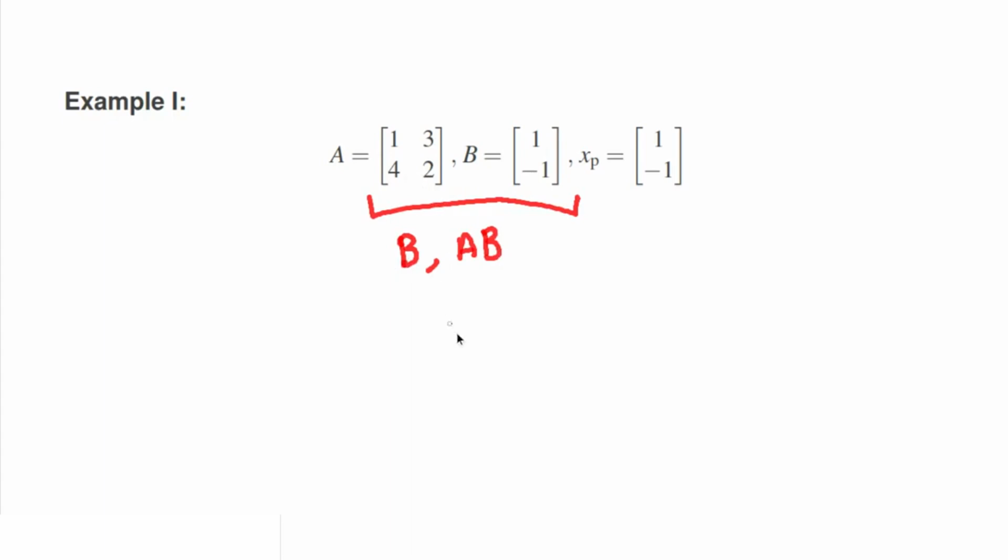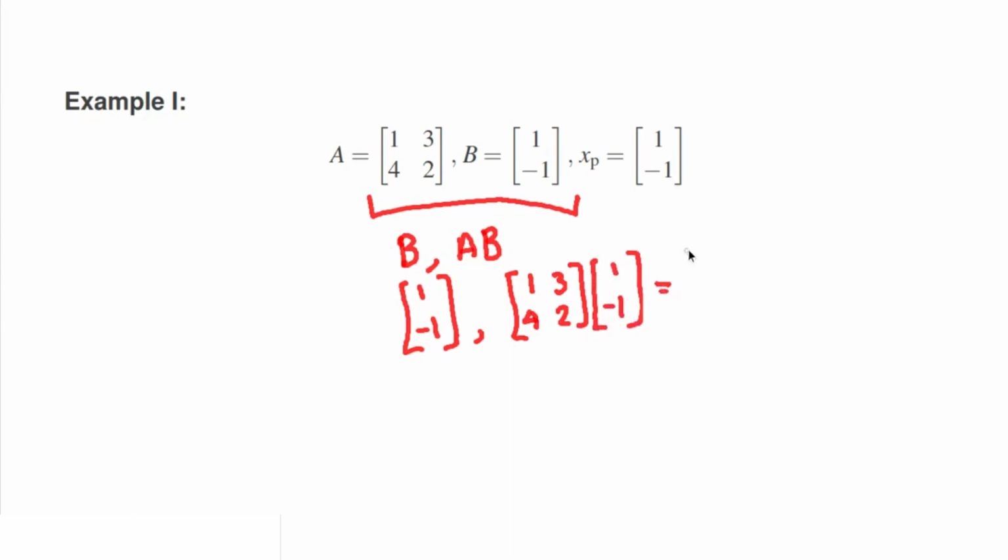So let's do that. Well, the first one is very easy. We can just copy it from up here. So the first entry in our sequence is 1, minus 1. And to form the next one, we need to form the matrix product AB. So let's do that. Writing out A, 1, 3, 4, 2, multiplied by B, which is 1, minus 1.